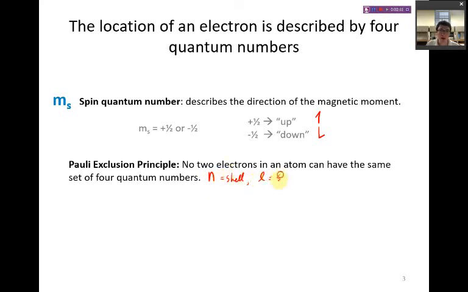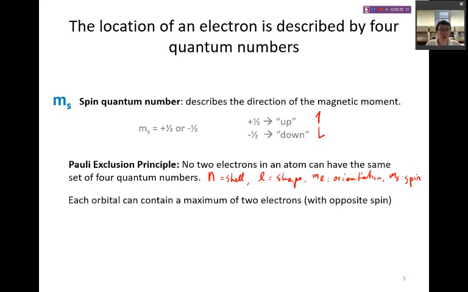The L value tells us the shape of the orbital. The M sub L value tells us the orientation of that orbital. And the M sub S value tells us the spin direction of the electron within that orbital. So to talk about a particular electron, we would have to specify all 4 quantum numbers.